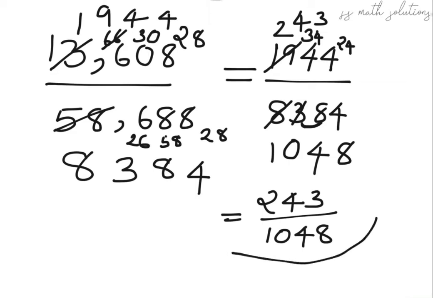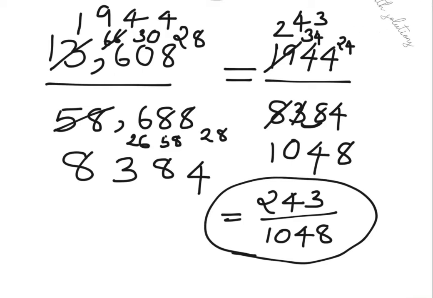So the simplest fraction after cancellation with the big factors is 243 by 1,048. There is no common factor, so this is the final fraction. Our answer is 243 divided by 1,048. Hope you understood. Now we can check another example.